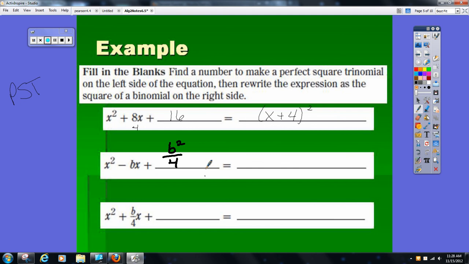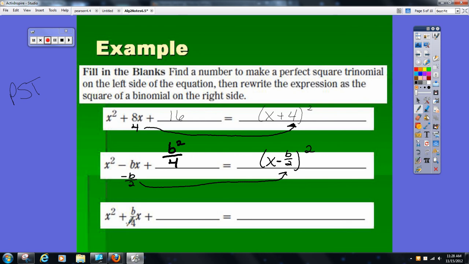What comes up in this second part of the binomial squared is what this was when you cut it in half. So when you cut this in half, this is 4. 4 shows up again right here. When I cut this in half, it was negative b over 2. Negative b over 2 shows up right there again.